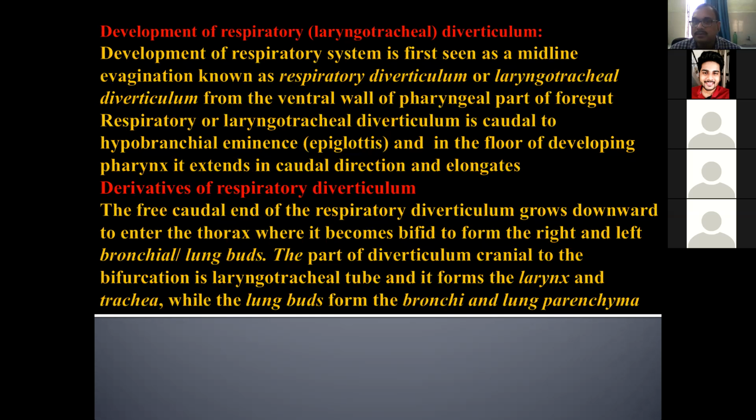Now, development of the respiratory diverticulum. How is this respiratory diverticulum formed? In the development of the respiratory system, a midline evagination or medial outpocketing is seen, and this outpocketing is known as the respiratory diverticulum or laryngotracheal diverticulum.